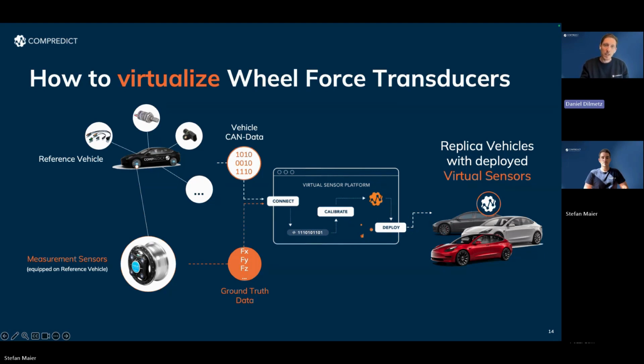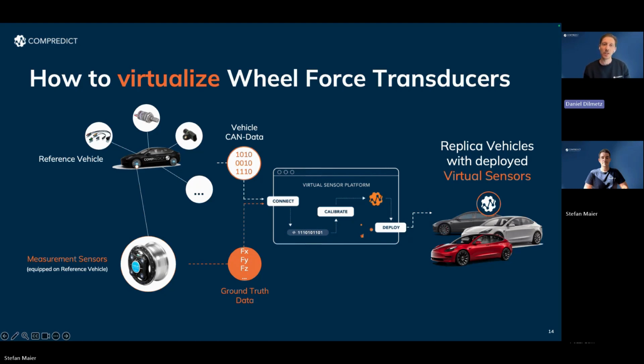The second thing that we need is reference data from the actual hardware sensor, in this case, the wheel force transducer, again, serving as the target signal to be reconstructed by the virtual sensors. Both data streams are then uploaded to our virtual sensor platform where the actual magic of the calibration happens. But as we know, we will come to that topic next week.